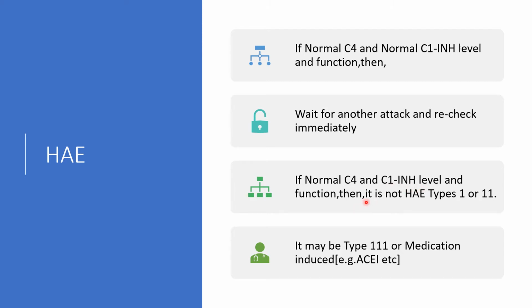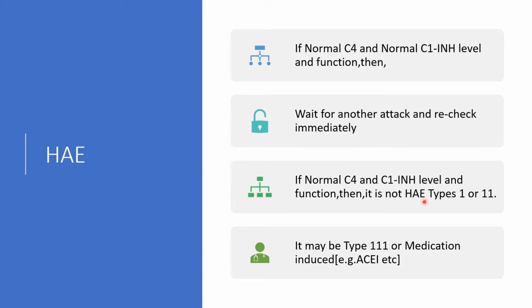If by this time again, C4 and C1 esterase inhibitor level and function are all normal, then it is not hereditary angioedema types 1 and 2, but it may be type 3.